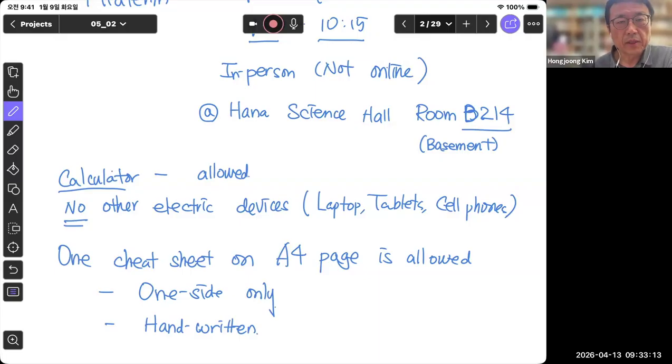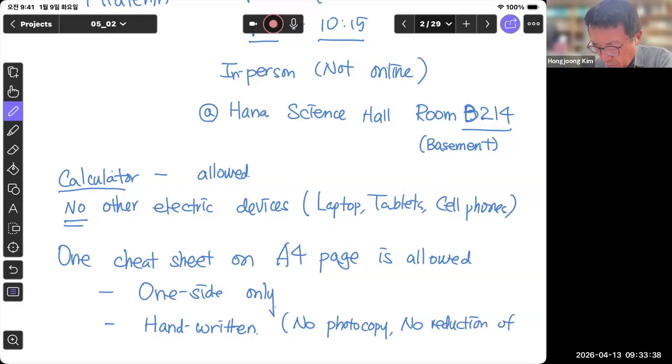So if you make any photocopy or reduction of the photocopy, those are not allowed. If you write down something yourself, that is allowed.